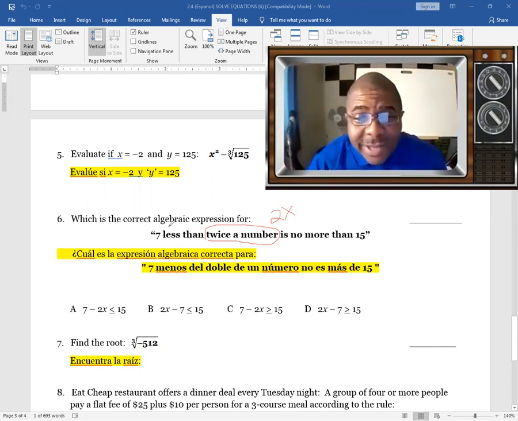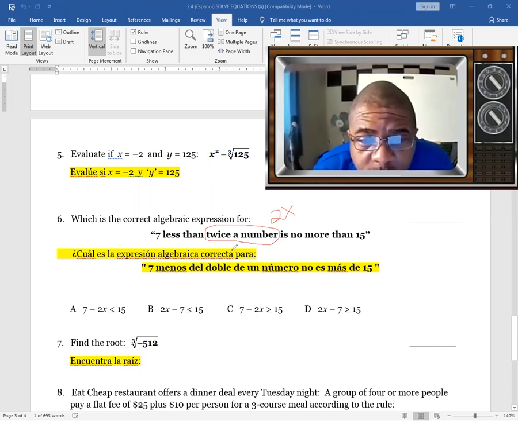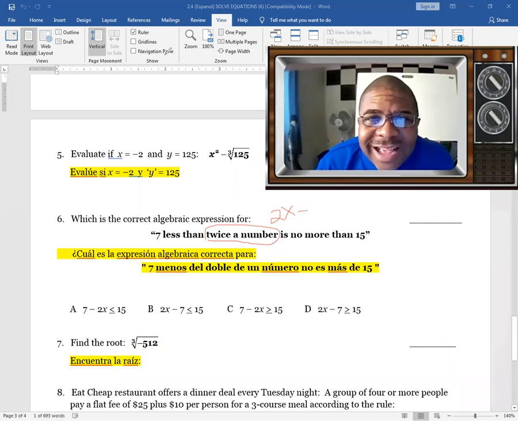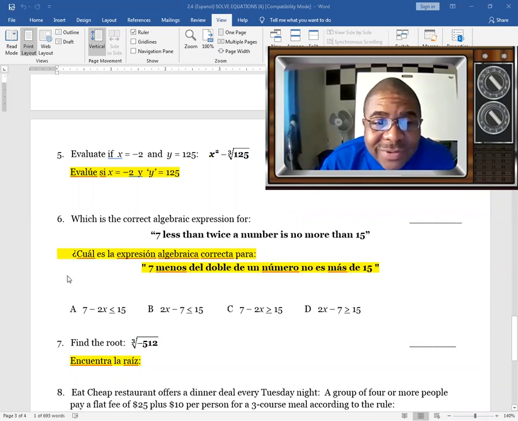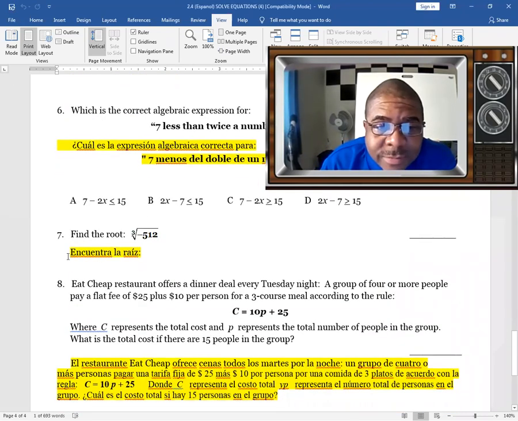So we have 2x, 7 less. So it's going to be minus, well, I'm giving you the answer. I don't want to give you the answer. So you see where I was going. Hopefully that'll help you.